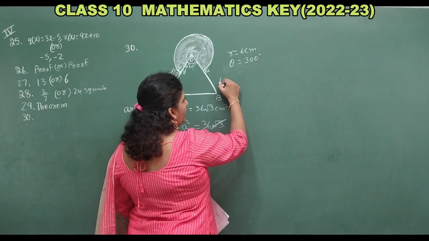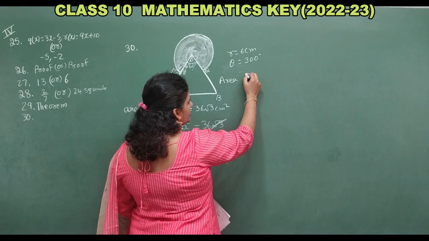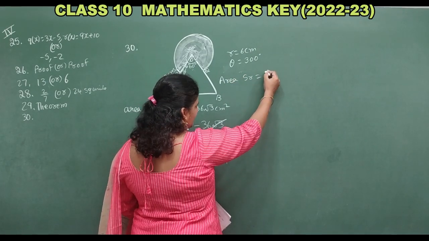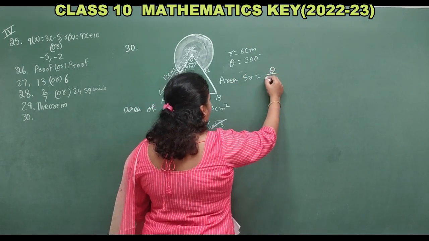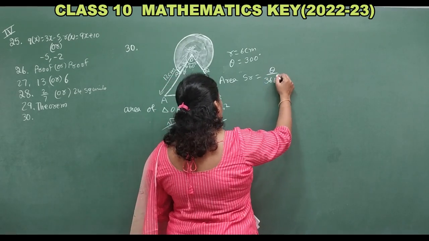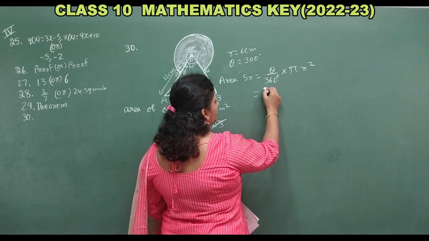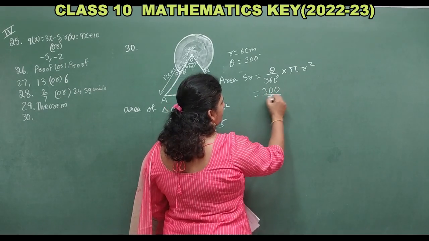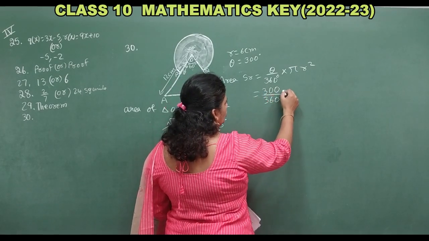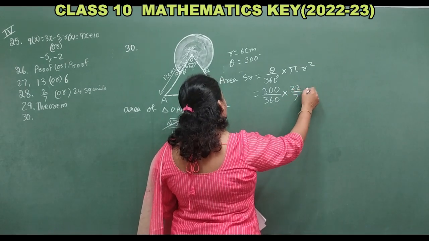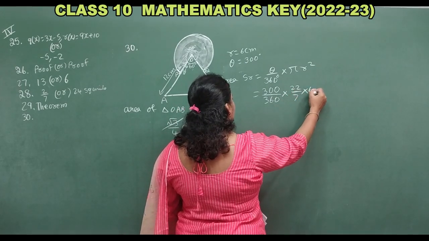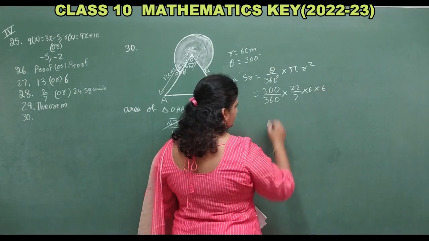Apply the formula. Area of shaded region is equal to theta by 360 degrees into pi r square. Substitute: theta value is 300 by 360 into pi value 22 by 7 and your radius is 6 into 6.